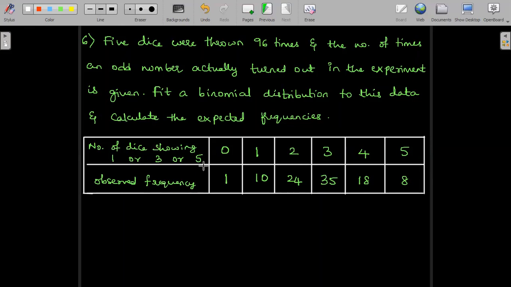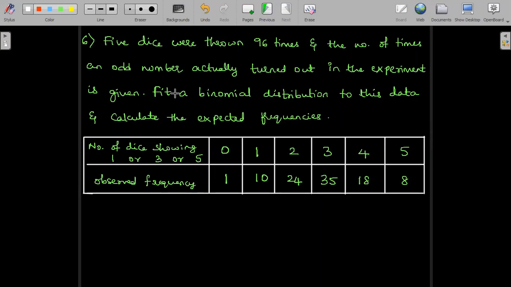Then finding out P, we can find out Q also. Fit the values P, Q, and N into the formula for binomial distribution. Then we will be able to obtain the expected frequencies. So let us do that one by one.